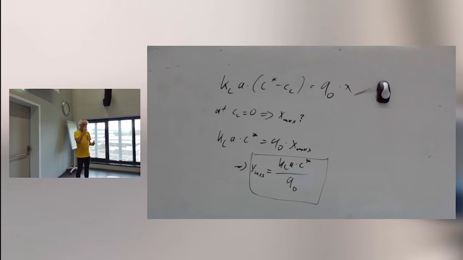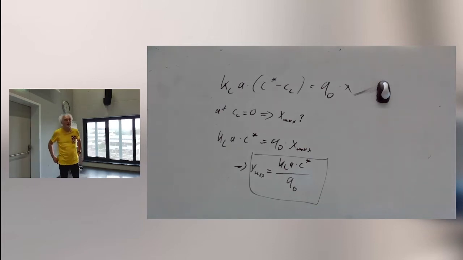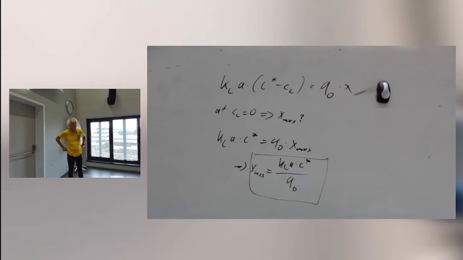Can you grow the cells any further after this cell density? This question, of course, also goes to the internet. Internet, can you grow the cells any further if you're above the maximal supported cell density?